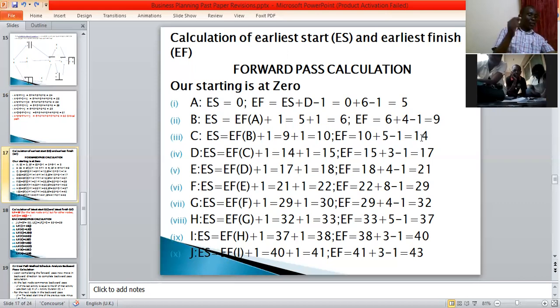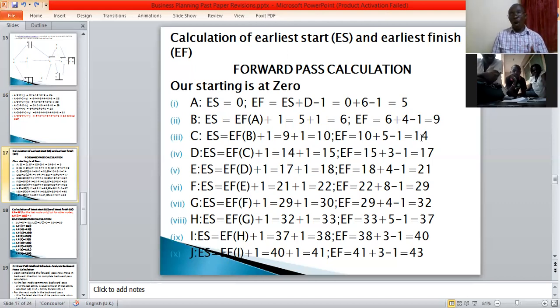You are told to calculate the following: the earliest and the latest start times. So we have learned how to calculate the earliest start. Is that okay? Yes, sir. So let's learn how to calculate the latest start.